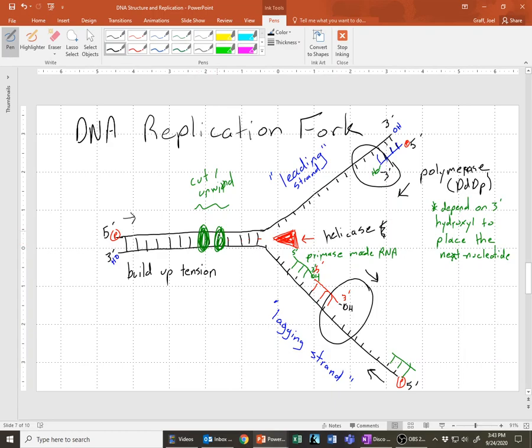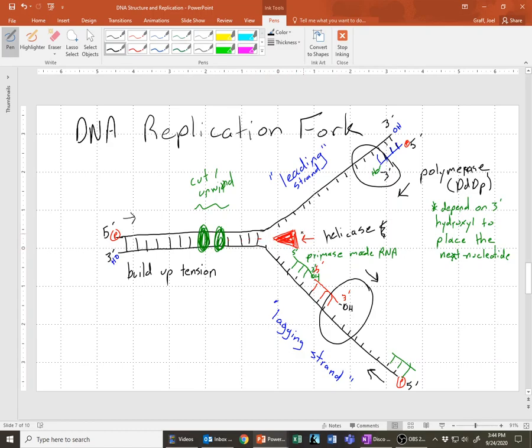And so if you start to unwind a couple things that are wound around each other, you could build up a bunch of tension. So the gyrase and the topoisomerase, their purpose is to get rid of that stress. They do it by cutting and unwinding that DNA.